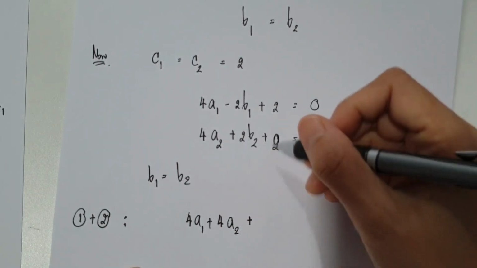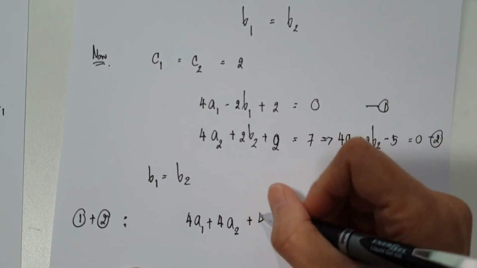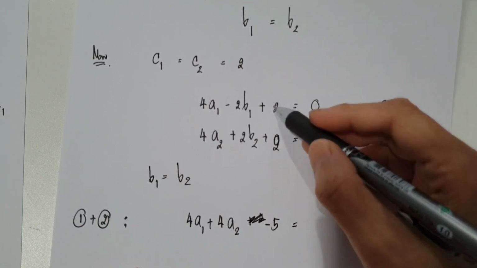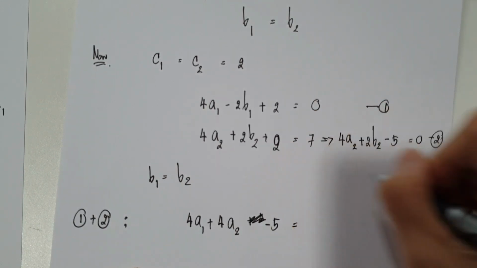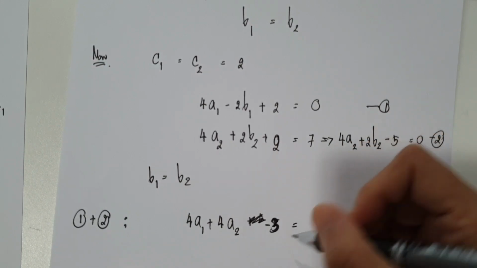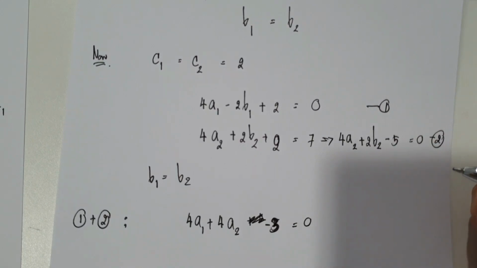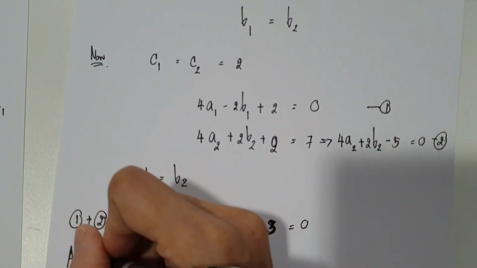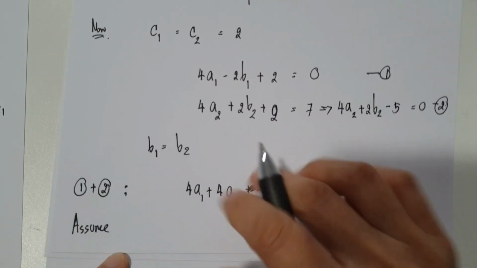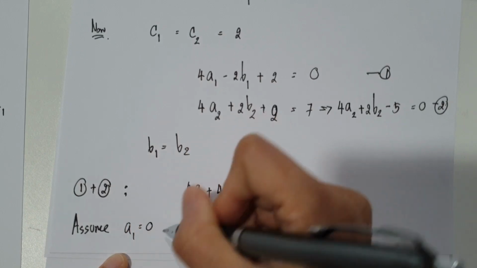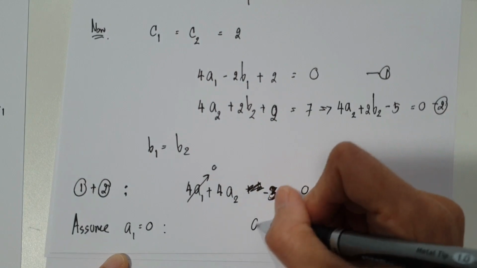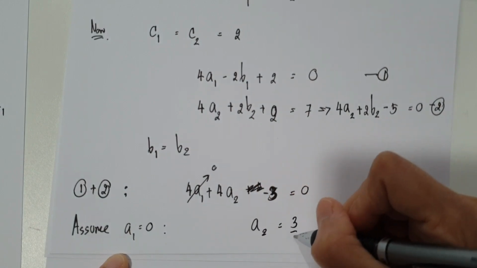So you will get minus 5 plus 2 is minus 3, equal to 0. Okay, so we need to create another constraint. So we assume that a1 equal to 0. And if we assume this term equal to 0, you will get a2 equal to 3 over 4.